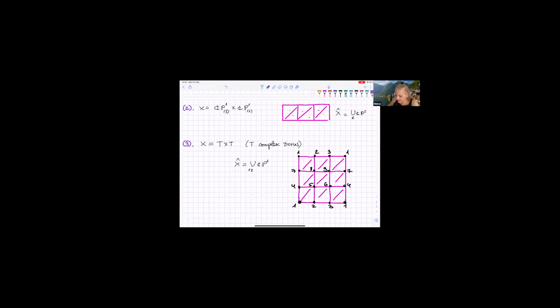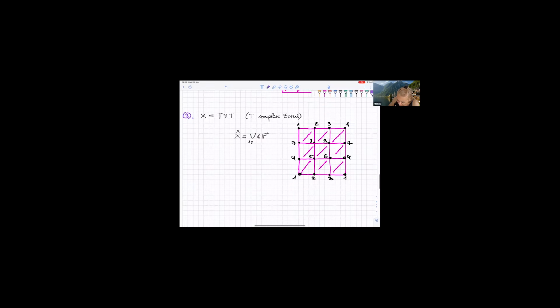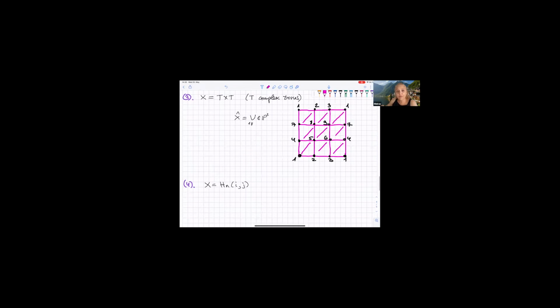And the last one that I want to show you are the Hirzebruch surfaces. So if I take X and I denote it by H_{n,i,j}, this is for me a Hirzebruch surface, this is how I denote it. And Hirzebruch surfaces degenerate mostly to some kinds of trapezoids.